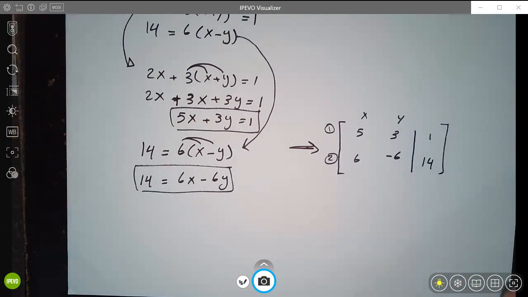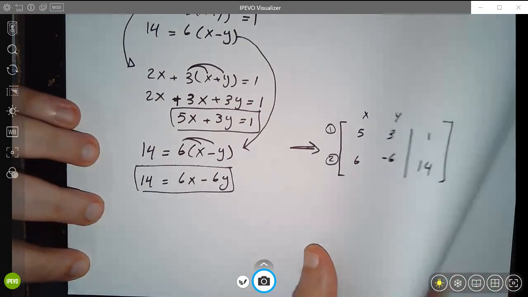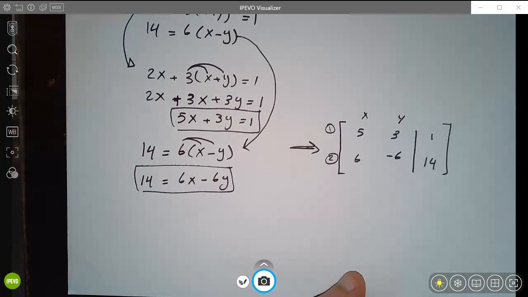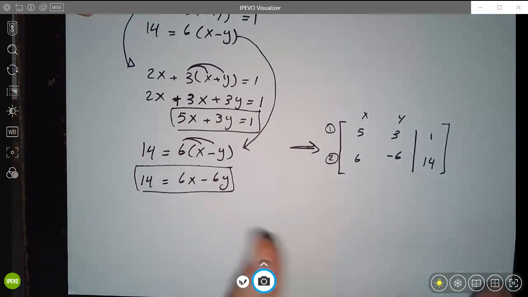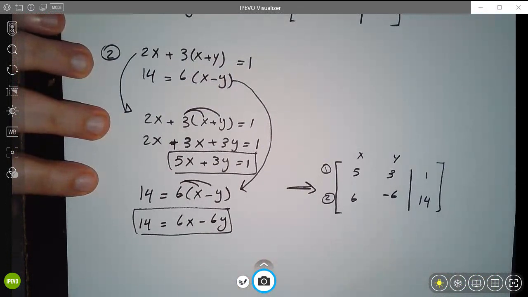So far, so good? All right. Awesome. Did everybody get a chance to copy this, since it wasn't as short as the first one?